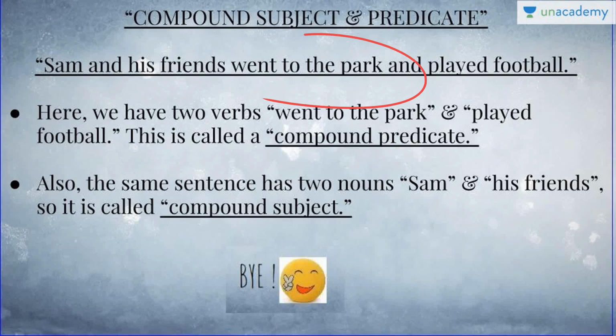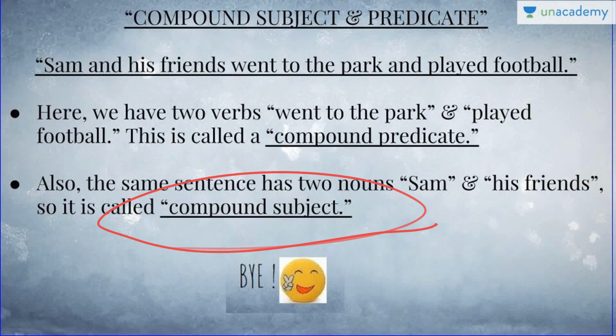So they went to the park and they also played football. There are two verbs, so such a sentence has a compound predicate, okay, because there is more than one verb. Similarly, in this sentence we have two nouns, Sam and his friends. So this means that the sentence has a compound subject.